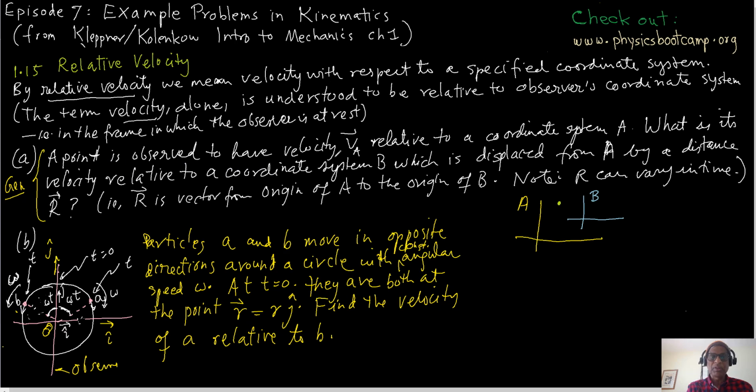A point is observed to have velocity VA when we look at it with respect to A, so what's the velocity with respect to B? B is displaced like that by R, which may depend on time. So right now, at some time t, this is the situation. This vector we call the RA vector, and from here is the RB vector. All right, so let me just clean some place and try to get some space.